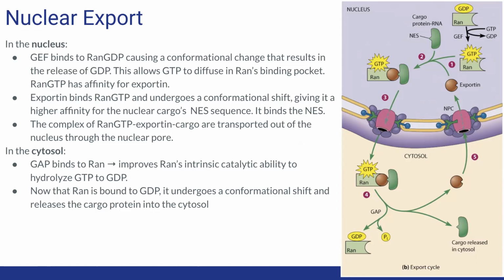That causes RAN to lose affinity for exportin, and since exportin needs to be bound to RAN GTP in order to have affinity for cargo, that'll cause these two structures to separate as well. And then exportin can just re-enter the nucleus.